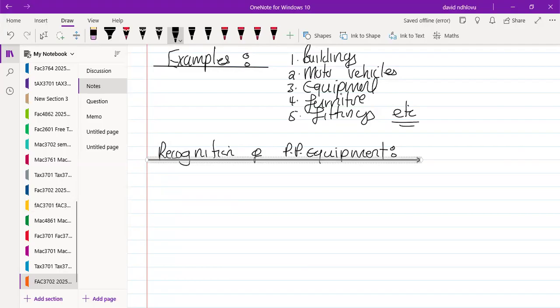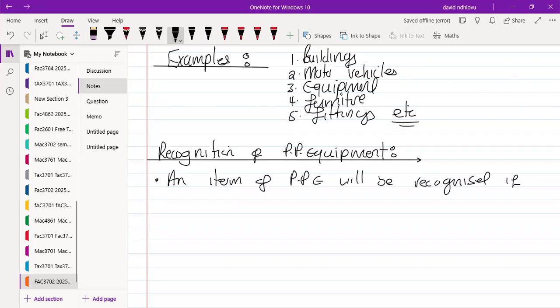So on initial recognition, this is what we need to make sure is there before we recognize. We're saying an item of property, plant, and equipment shall be recognized if the following are met. There are a couple of things that must be met before we recognize an asset.